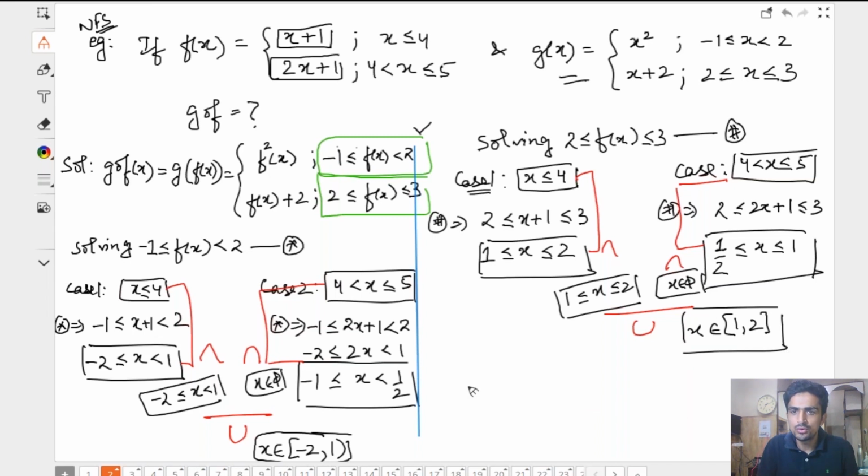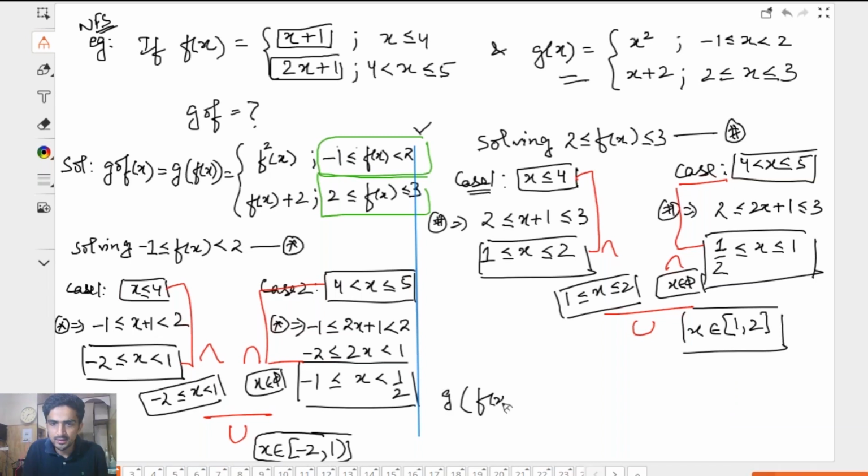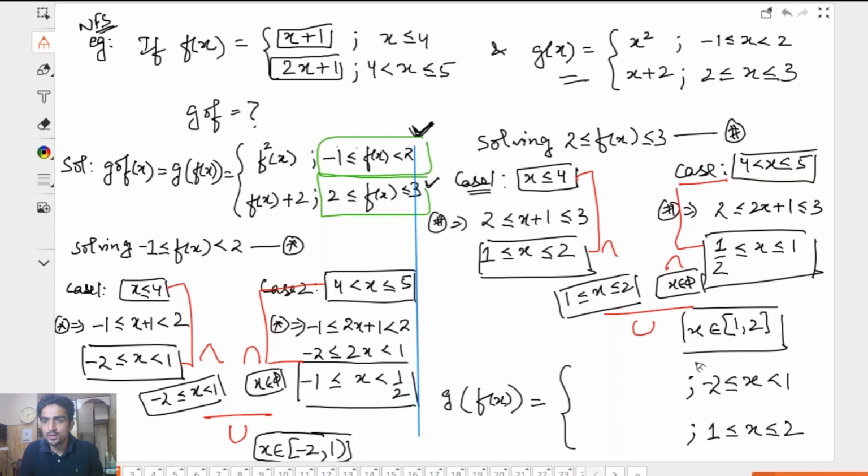So now the last step, and the question will be done. So what are the x corresponding to this? It is -2 to 1. And what are the x corresponding to this? It is 1 to 2. Now what we have to do? Corresponding to this x, I need to keep the value of f here.